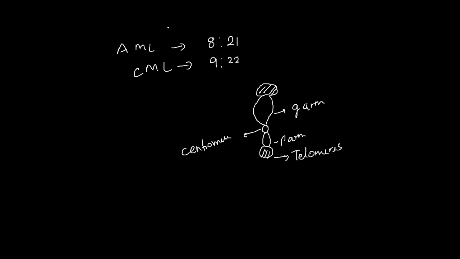So how are you going to study these translocations or deletions or amplifications? These are the things which we are going to study in this lecture. AML is basically leukemia. Both AML and CML are leukemias, acute and chronic myeloid leukemia.